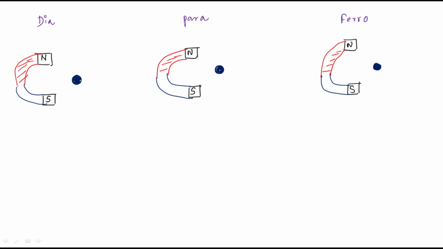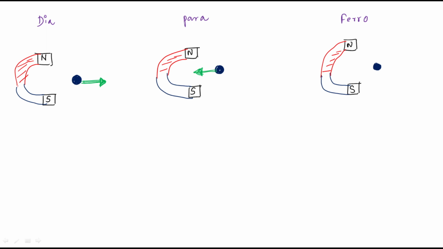The material which is weakly repelled by a magnet, like that. What is paramagnetic material?